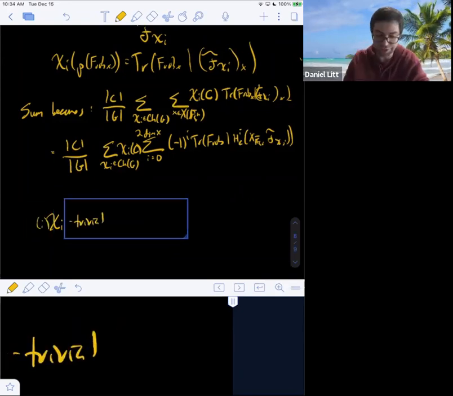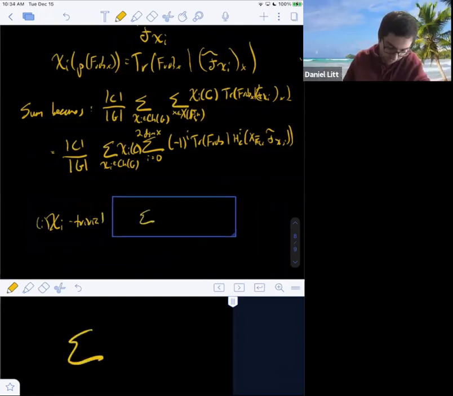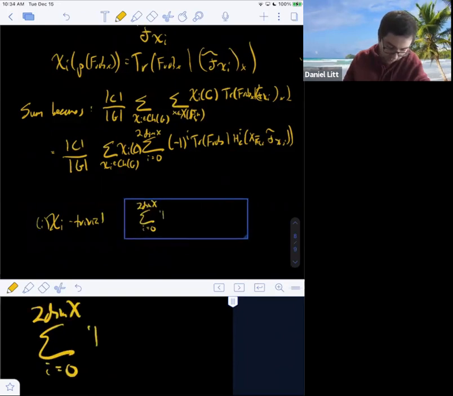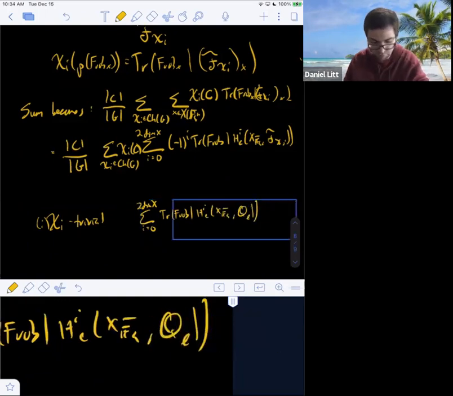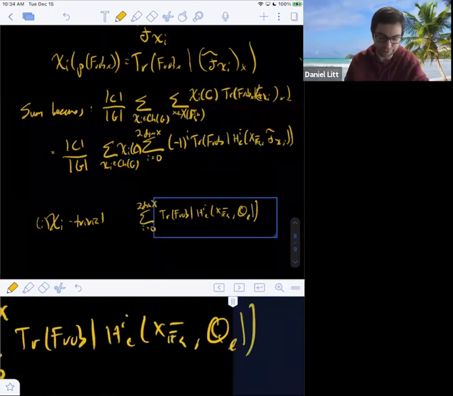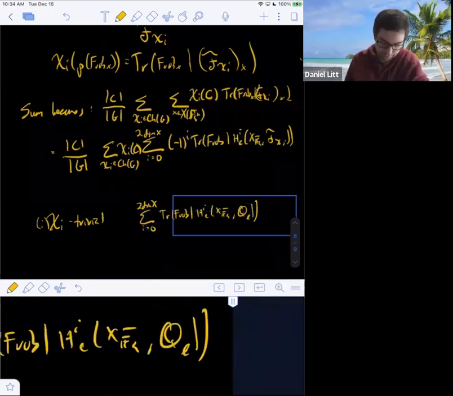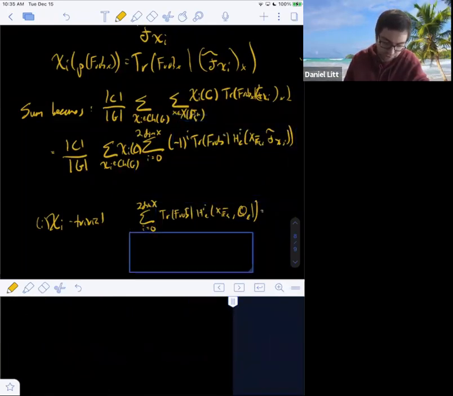The trivial character shows up once, so that sum becomes just the sum I equals 0 to 2 dim X of the trace of Frobenius on the cohomology of X. This is actually what we're trying to compare the sum to. Here there should be a Frob to the n everywhere because we're looking over F Q to the n. So this is just the number of points over F Q to the n.